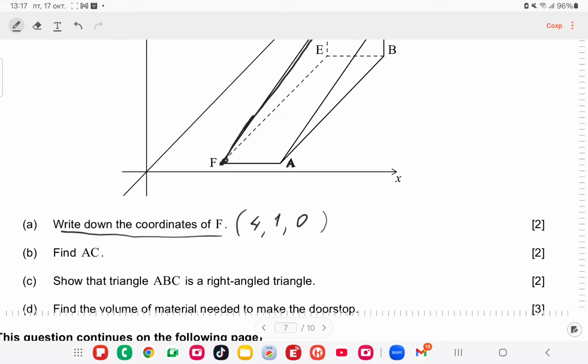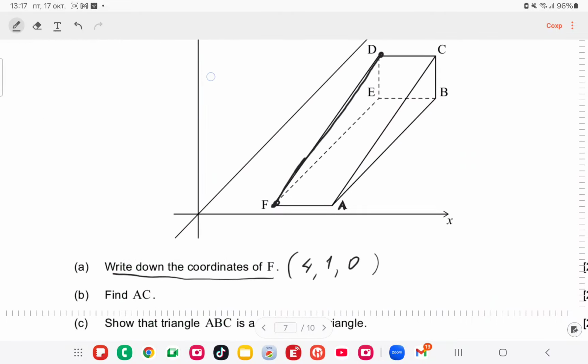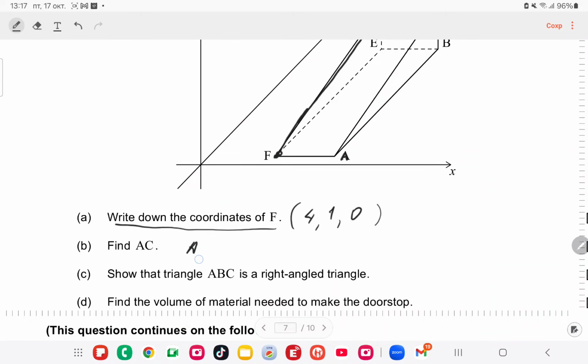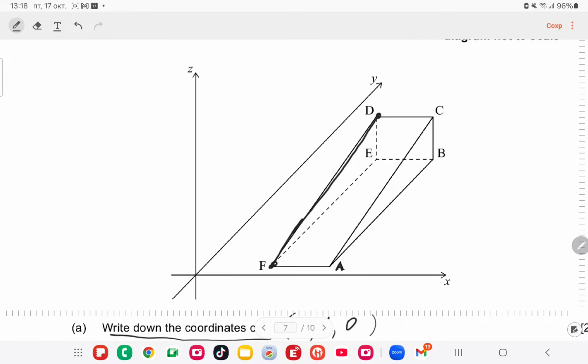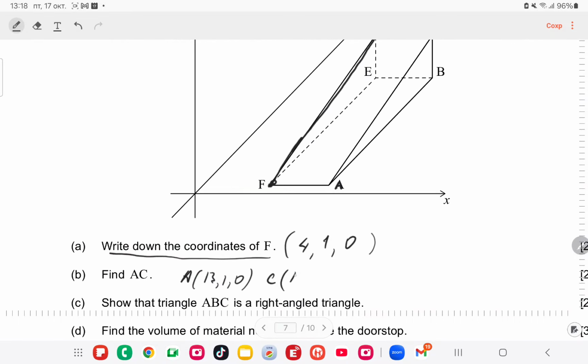It says that we should find AC. Find AC means that you should find the distance AC, right? So we will use the formula of distance here. We know the coordinates of A: 13, 1, 0. And the coordinates of C are also given: 13, 25, 7.